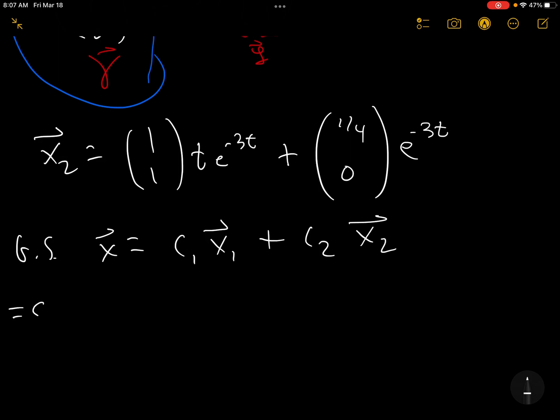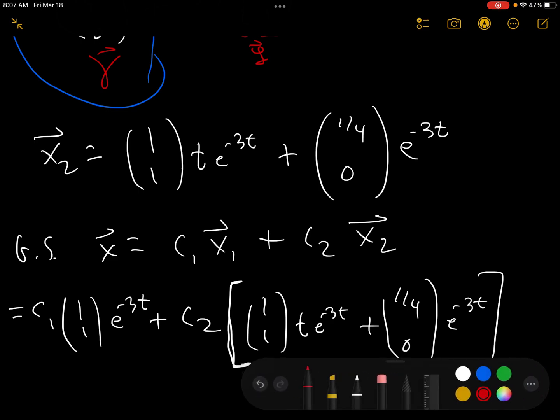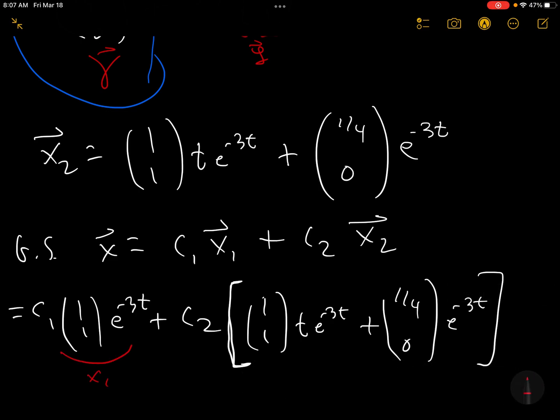If you write the whole thing out, it's C1 1, 1 e to the minus 3t plus C2 over the whole terms. There's not a C3. Students get confused about this, right? So that's your general solution. Here's x1, and here's x2.